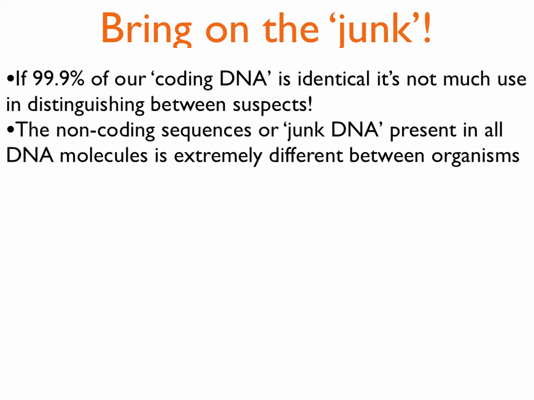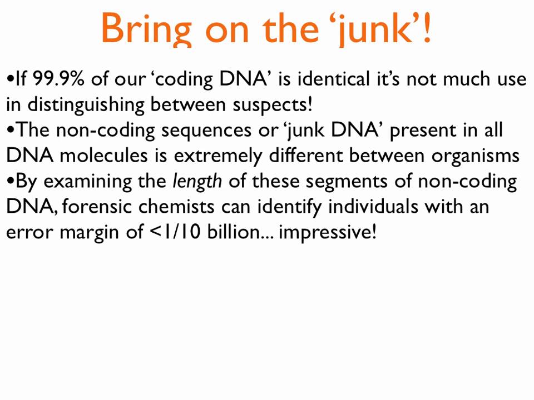But the non-coding sequences of junk DNA that's present in all DNA molecules is extremely different between organisms. What we do is we can cut the DNA up and we look at the length of the non-coding regions in a DNA helix that sit between coding regions.